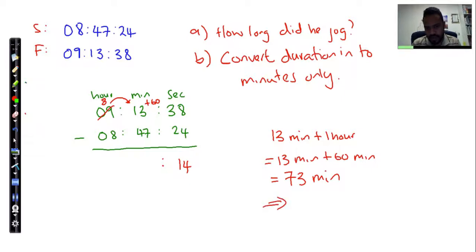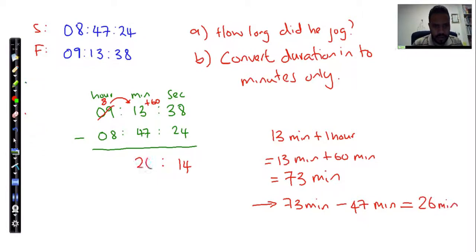That gives me the following. Let's just put an arrow there saying it leads to 73 minutes minus 47 minutes. And when I subtract that from each other, I'm going to get 26 minutes. So 26 minutes is remaining. Now, I've got 8 hours minus 8 hours, so that just gives me 0 hours remaining.